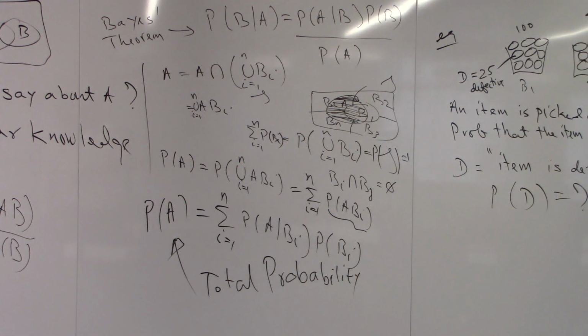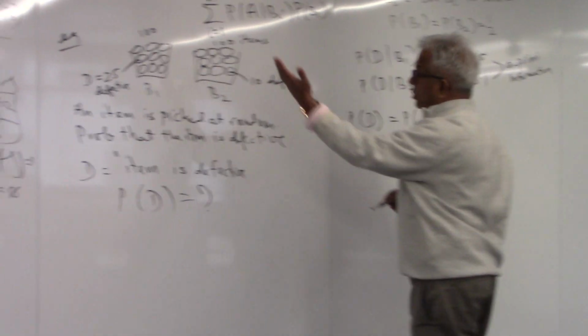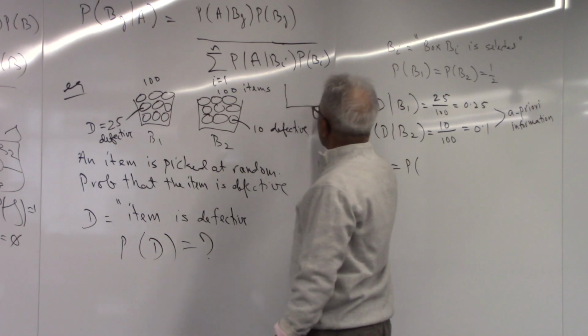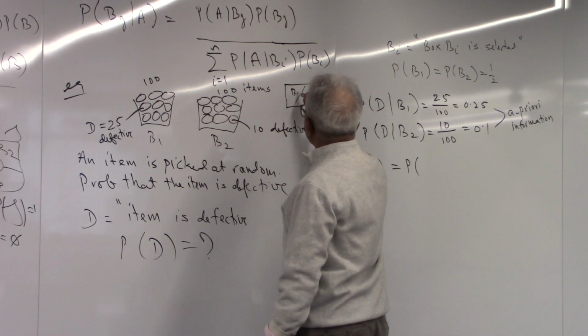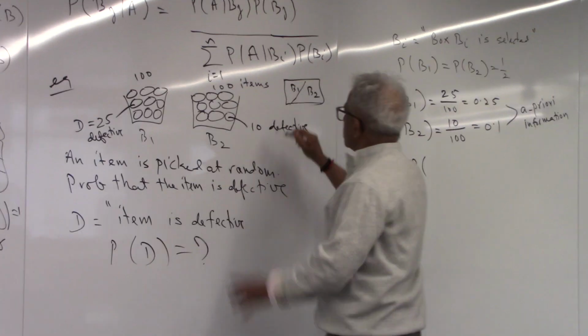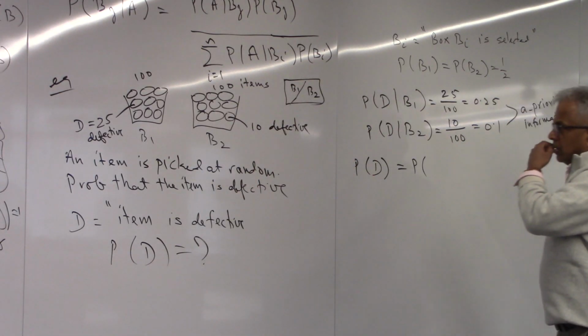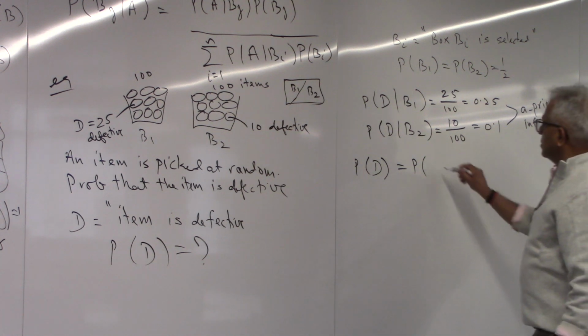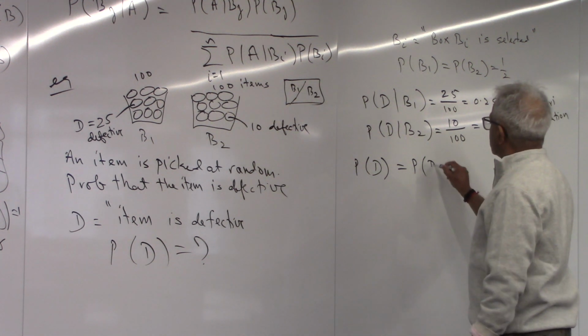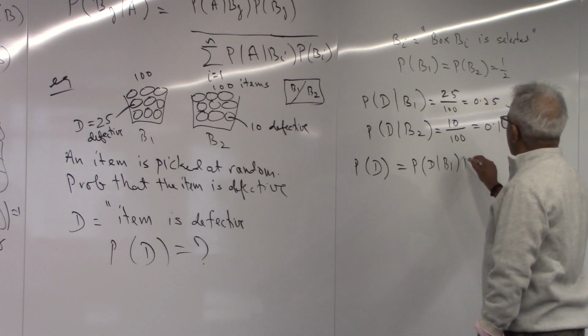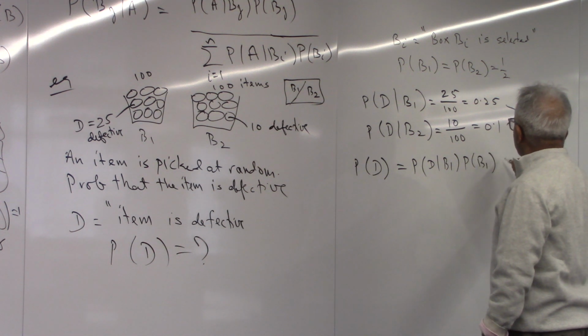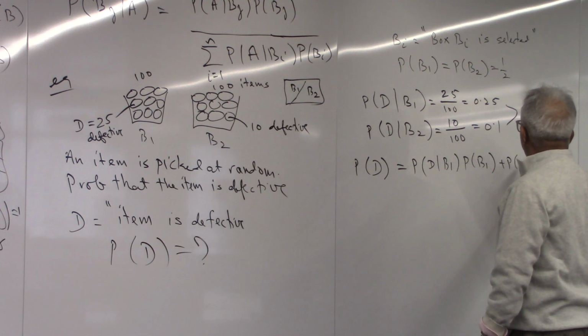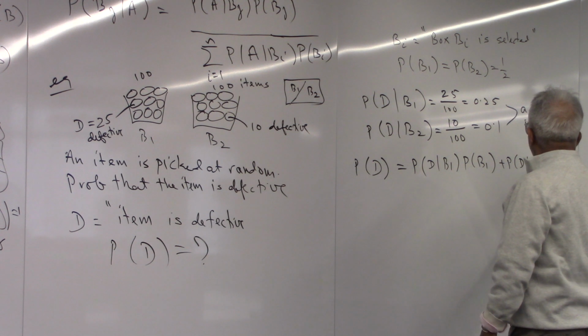So probability of D is, in this case, there are only two boxes. So box 1 and box 2 form a partition because the items have to come from either one of these. So there n is 2. So this is P(D given B1) multiplied by P(B1) plus P(D given B2) multiplied by P(B2).